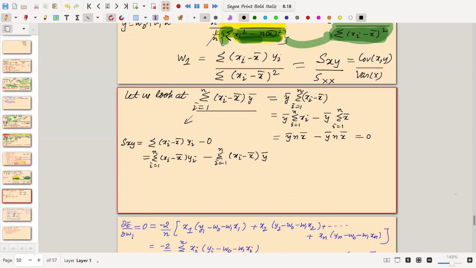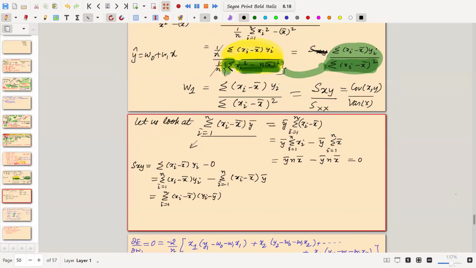And I can write this further as xi minus x bar into yi minus y bar. So can you now see that instead of just writing Sxy like this, there is an alternative form like this?